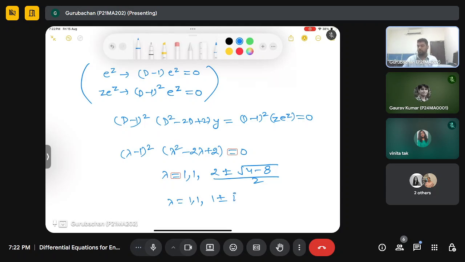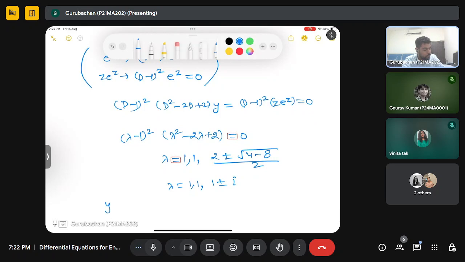Let me just cross verify whether that is the case. Yeah, 1 plus minus i, that is correct. So now, what will be the general solution? Let me write the homogeneous part first. It will be e to the power x (c1 cos x plus c2 sin x).